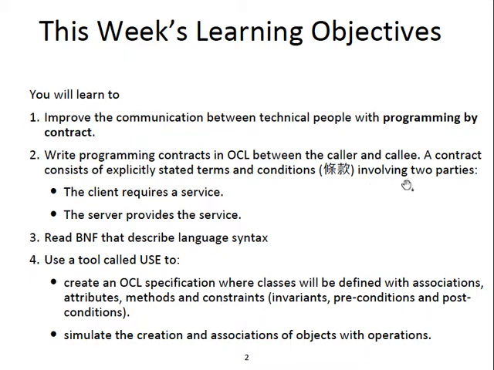So a contract, usually you have two parties, someone who's providing a service and someone who's requiring a service, which is quite similar in programming, because in programming, you have someone who calls a method and someone who's being called and will provide the body, the service.